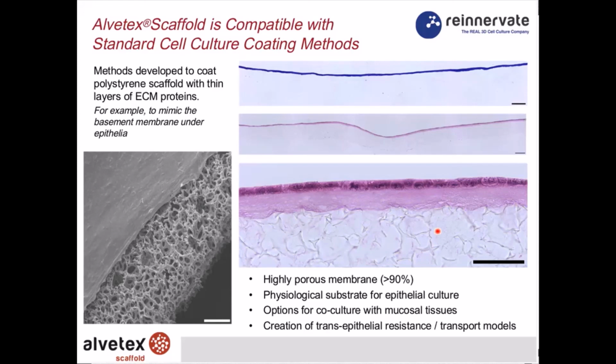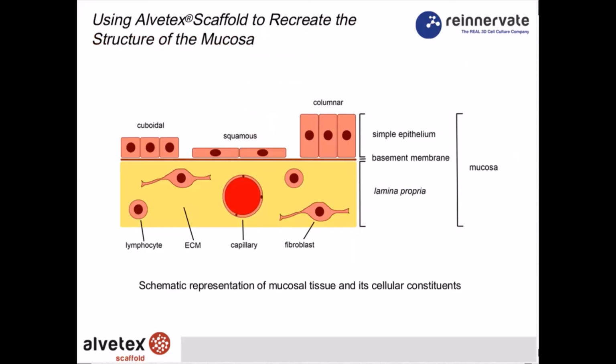So the advantage of doing that is you can then think about creating structures such as this. So this is a schematic of the simple epithelium, basement membrane, and lamina propria. And collectively that makes a mucosa. So that involves co-culture, and that's exactly what you can do.